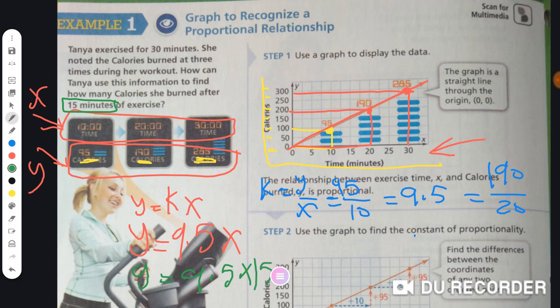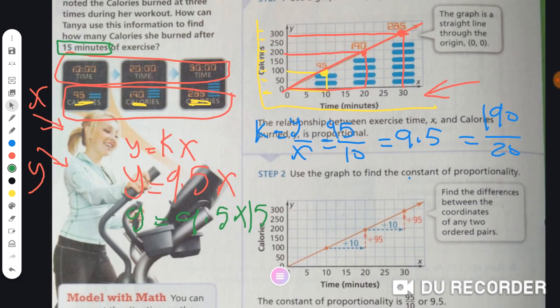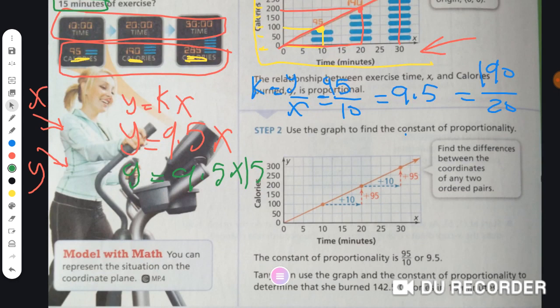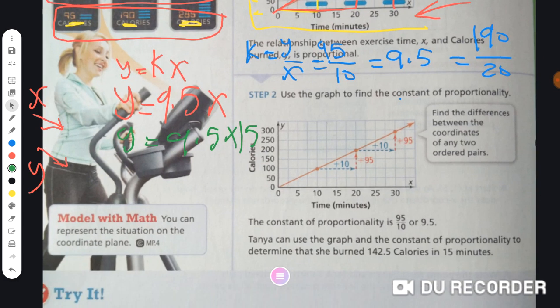After doing it, we will find the calories she burned in this time, which equals 9.5 times 15 equals 142.5 calories. So at 15 minutes she burned 142.5. So it's very easy.